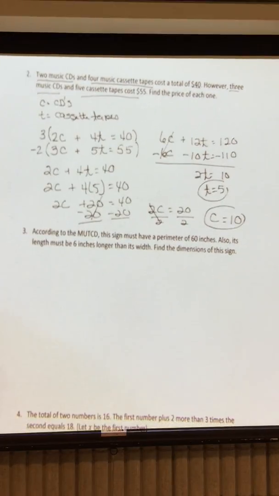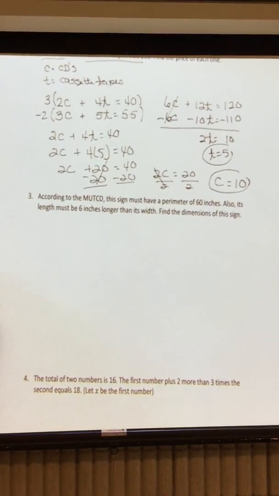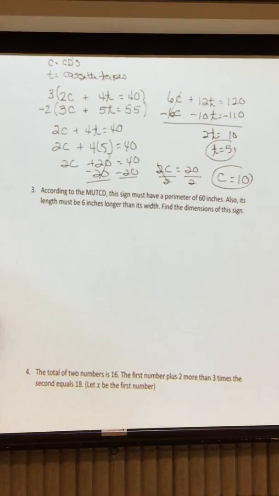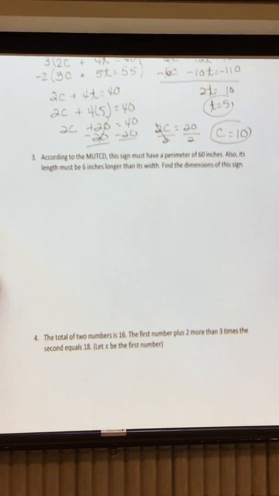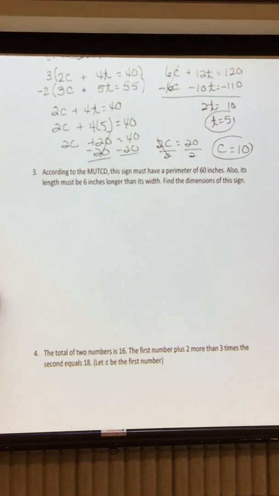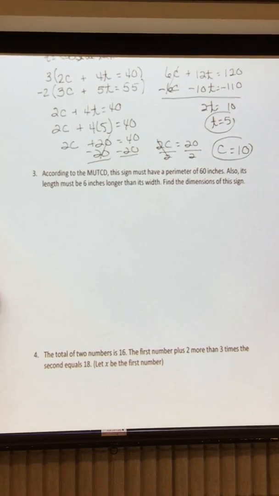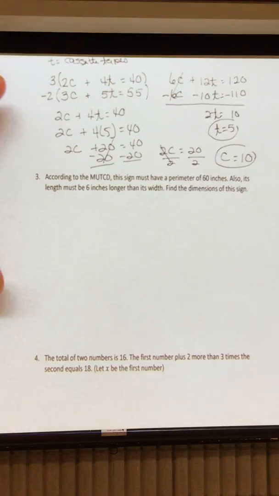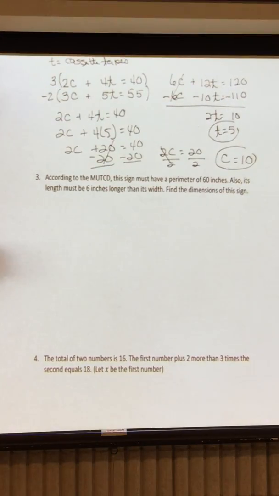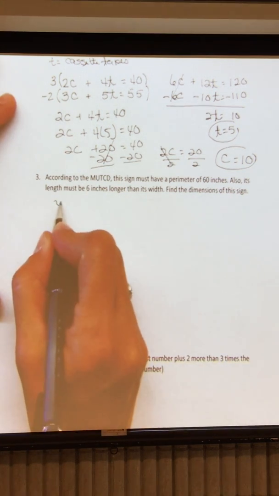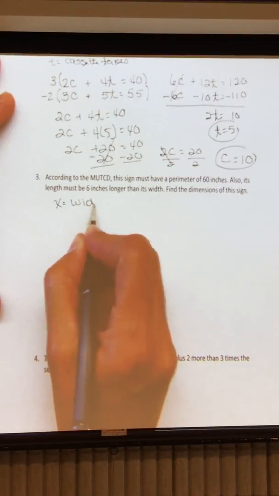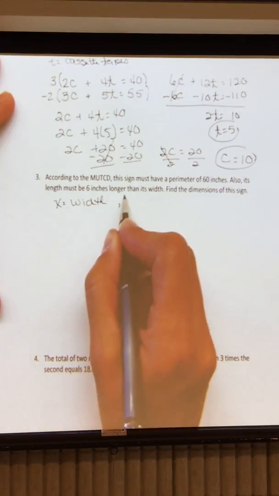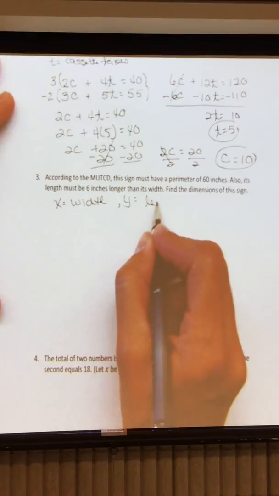Problem number 3. According to the MUTCD, the sign must have a perimeter of 60 inches. Also, its length must be 6 inches longer than its width. Find the dimensions of the sign. Let us define our variables. Let x equal the width, and let y equal the length.